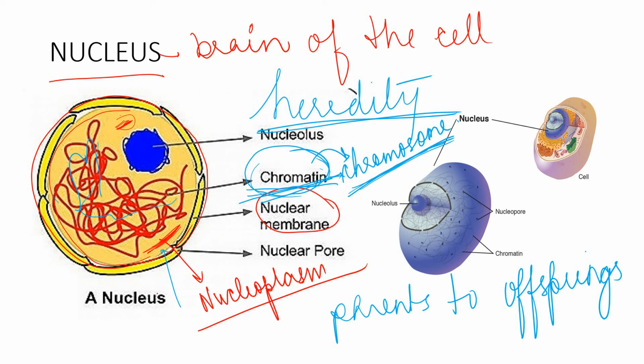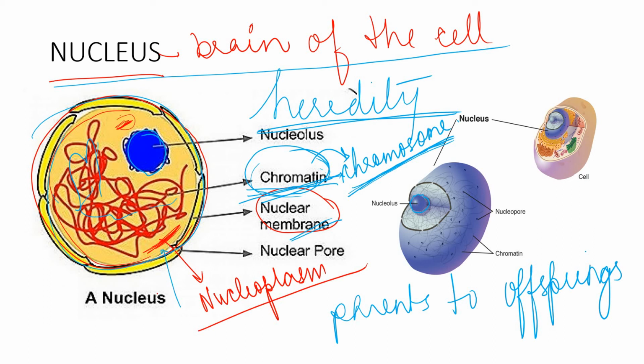A non-membrane bound spherical structure called the nucleolus is also present inside the cell. So this is the nucleolus. The nucleus is the brain of the cell. The nucleus is surrounded by a nuclear membrane, right? Then a fluid-like substance, or what's written in your book, a semi-solid substance called nucleoplasm, is present inside the nucleus.